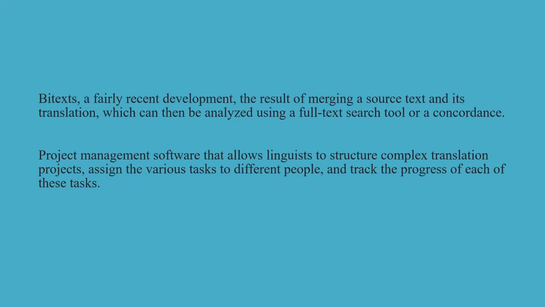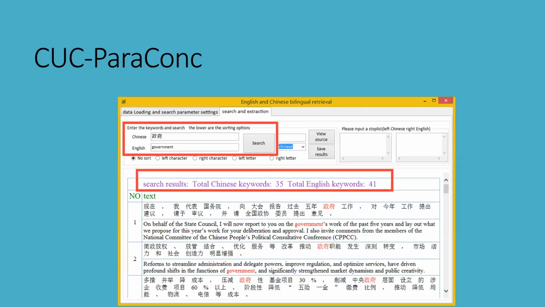And TT also includes project management software. For example, here I have got a screenshot for you to see how ParaConc, that is bytext, just like I mentioned bytext. So you see ParaConc can be used to find out how a term is translated into the target language and how many times it appears in the source text and how many times it appears in the target text.